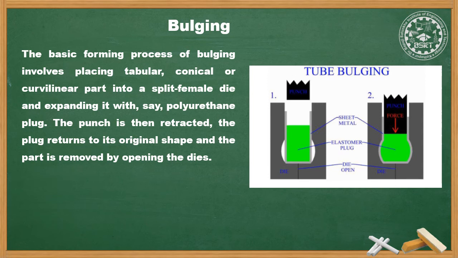By expanding outward, the plug bends the sheet metal tube. Upon removal of the force, the elastomer plug returns to its original shape and can be easily removed. Polyurethane plugs are durable and create good pressure distribution over the surface during bending.